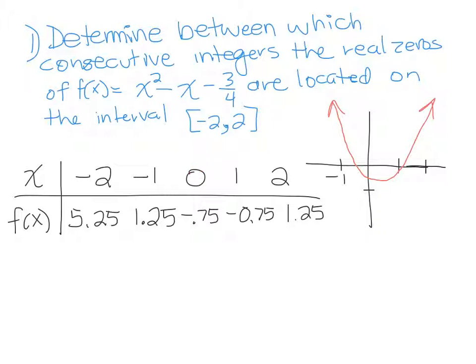F of 0 is negative. And by the location principle, f of x has a 0 between -1 and 0 because it goes from positive to negative. And we can see that it is between -1 and 0. Now this indicates that there exists a real zero in each of these intervals.